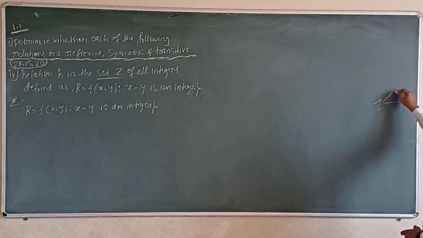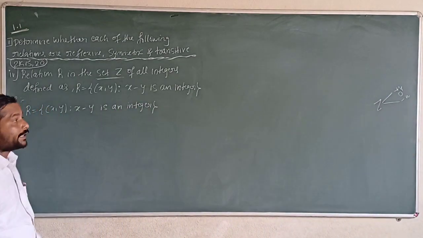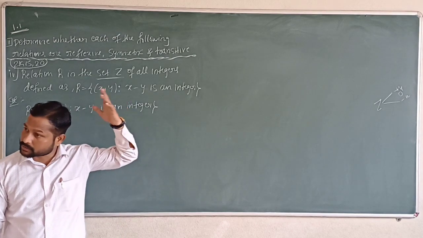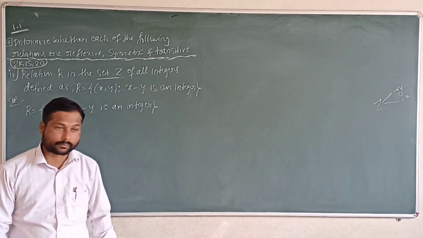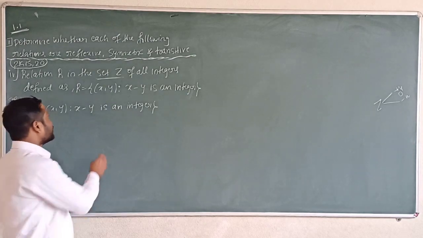Meaning positive numbers, negative numbers and zero are all included. Now Z cross Z has an infinite number of ordered pairs. The relation R is (x, y) such that x minus y is an integer.